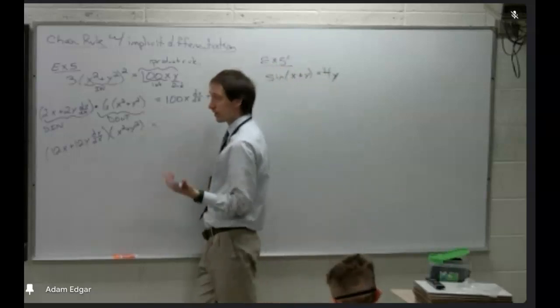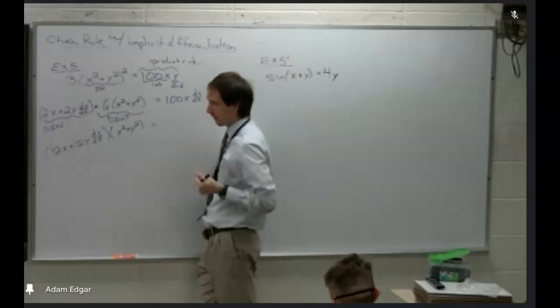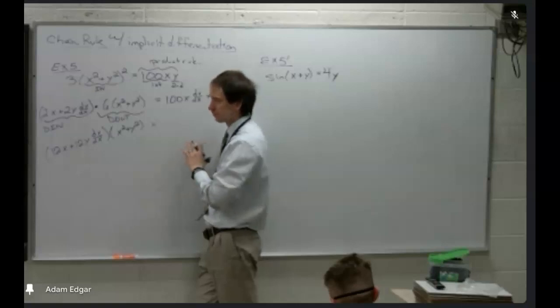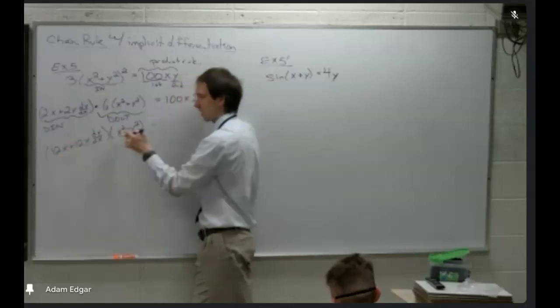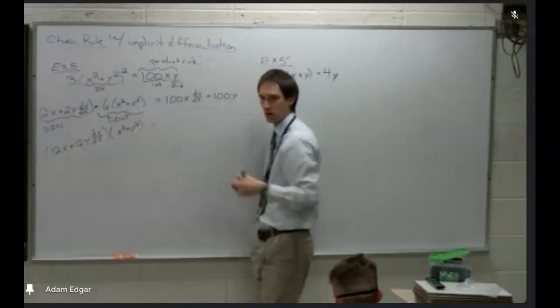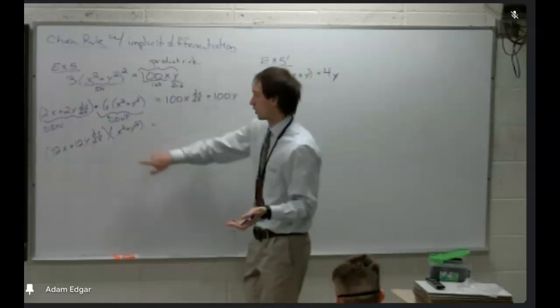So then you've got to distribute this out. And you know what? Instead of fully distributing and saying 12x times x squared and 12x times y squared and 12y dy/dx times x squared and 12y dy/dx times y squared, I don't recommend doing that. Because again, what if this were x squared plus y squared to the something?